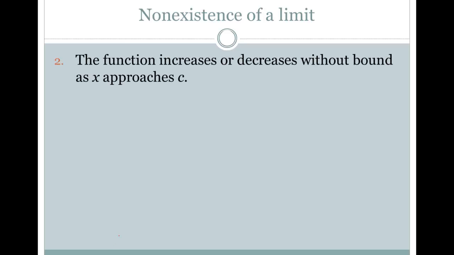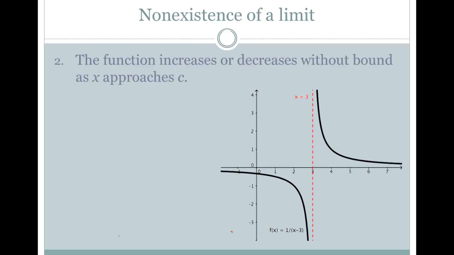Another one is going to be a function increases or decreases without bound as x approaches c. Look at this function, 1 over x minus 3. You guys should all realize that I'm going to have a vertical asymptote at x equals 3 because I'll have 0 in the denominator. If I look at approaching 3 from the right, this is going to grow without bound.